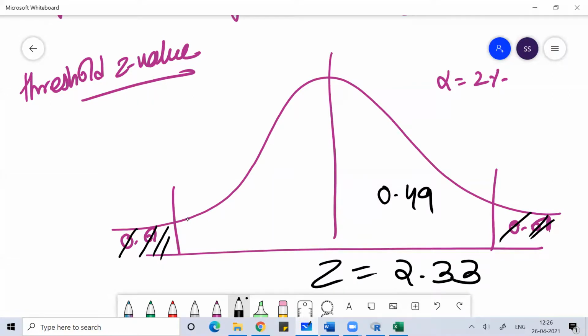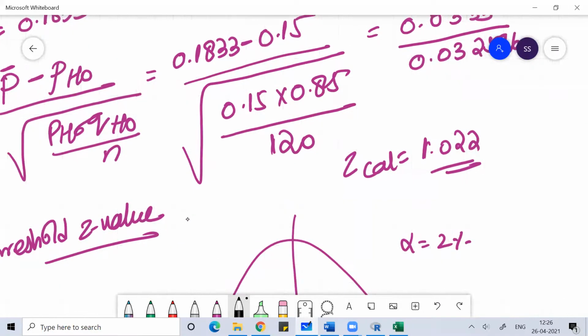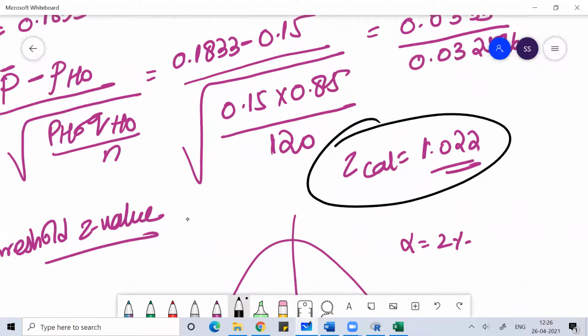The threshold z value is 2.33, while the calculated z value is 1.022.